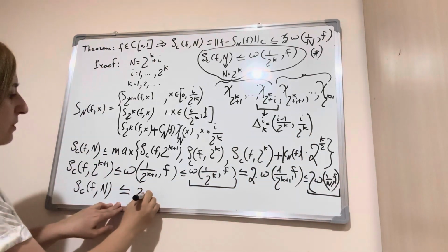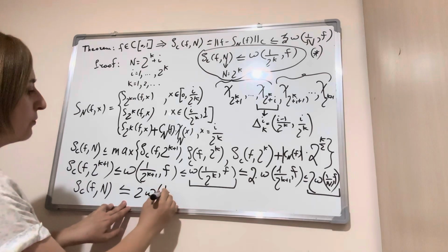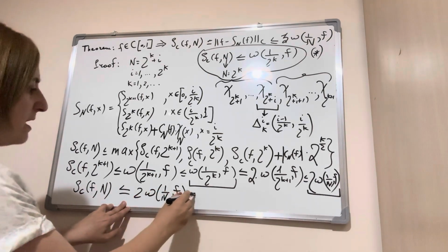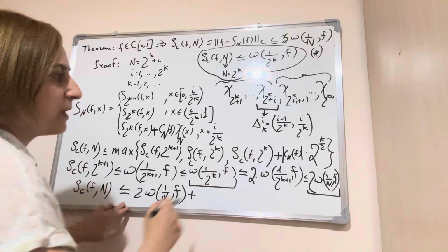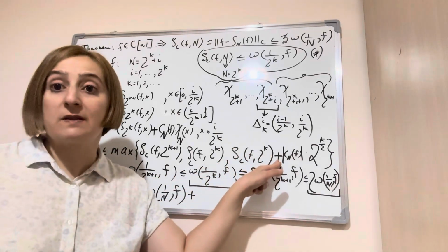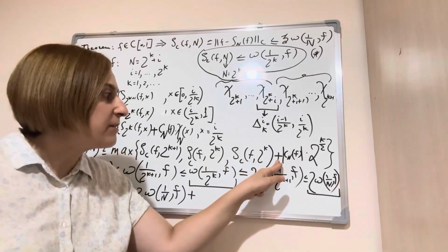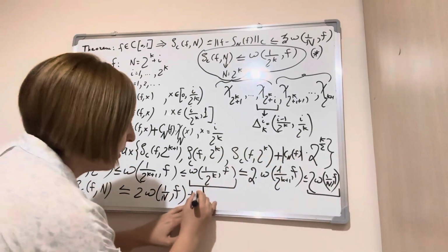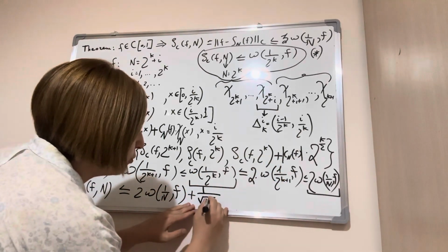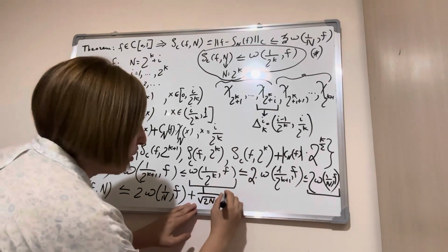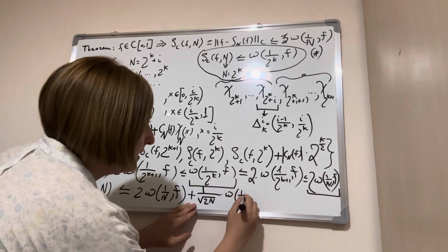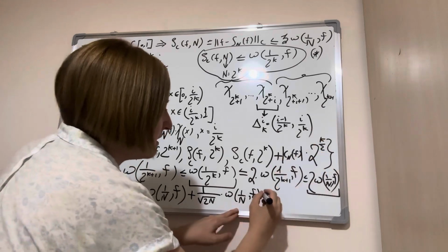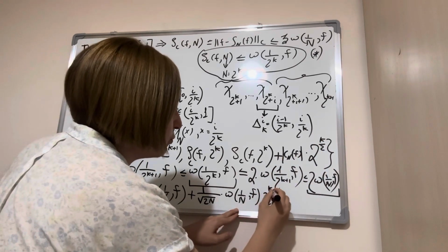Therefore, this is 2 times omega(1 over n, f), plus the estimate for the absolute value of C_n(f), the nth Fourier-Haar coefficient. As we did before, this is less than or equal to 1 over square root of 2n times omega(1 over n, f), and times this multiplier here, 2^{k/2}.